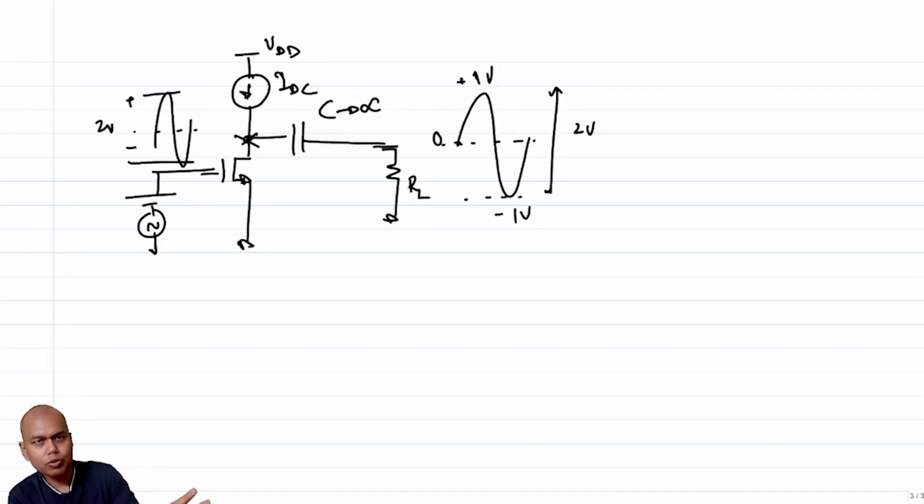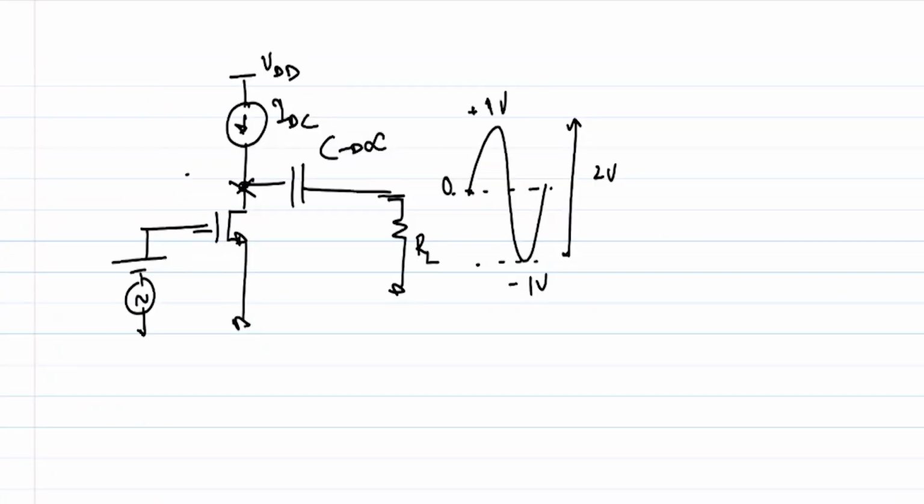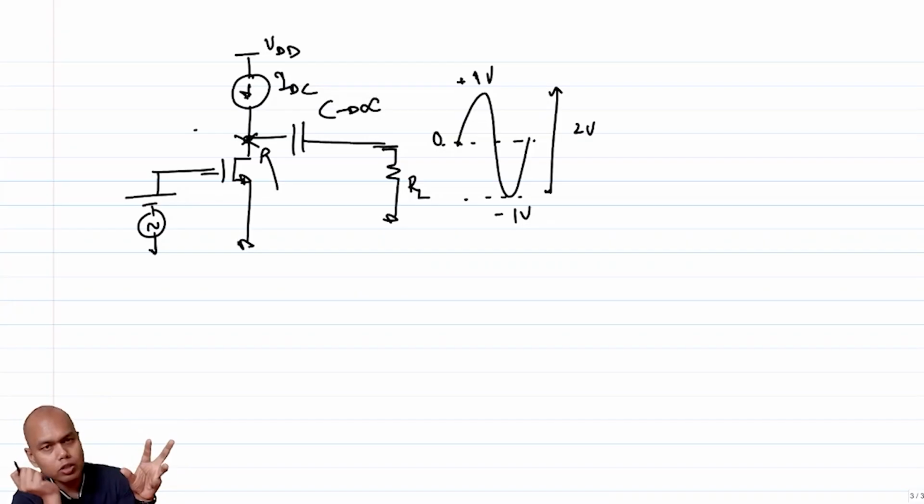In this case I have assumed an ideal current source, but in principle current sources are also made using transistors and so on, right? So this seems to be a problem. And not only that, the transistors that we have here might not be able to sustain that swing either. The transistors, as it turns out, have a breakdown voltage because you have these junction capacitances which are made out of thin oxides, right?